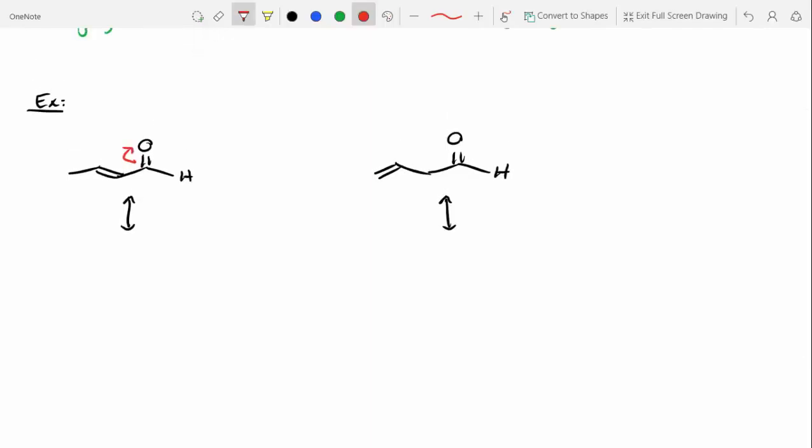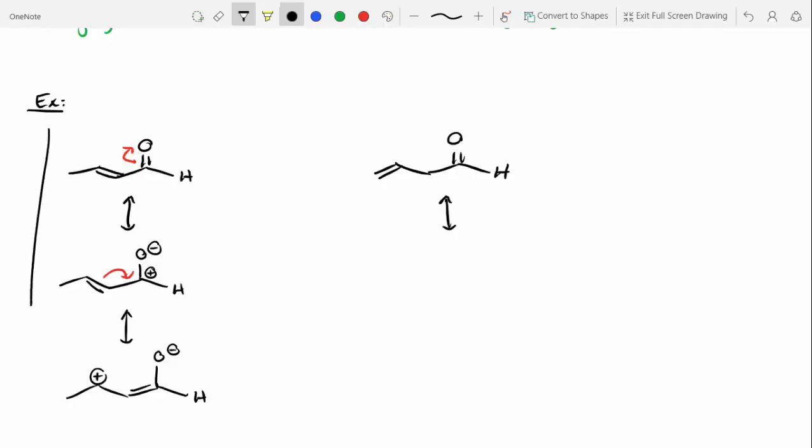I'm just going to pull this pi bond up. When we do this, we now form a carbon with a positive charge. We've got an oxygen with a negative charge, and we still have our double bond. Are we done with our resonance structures? No, we've got more. We can take this pi bond over, and now all of a sudden our carbocation is delocalized, right? And it's located over here.